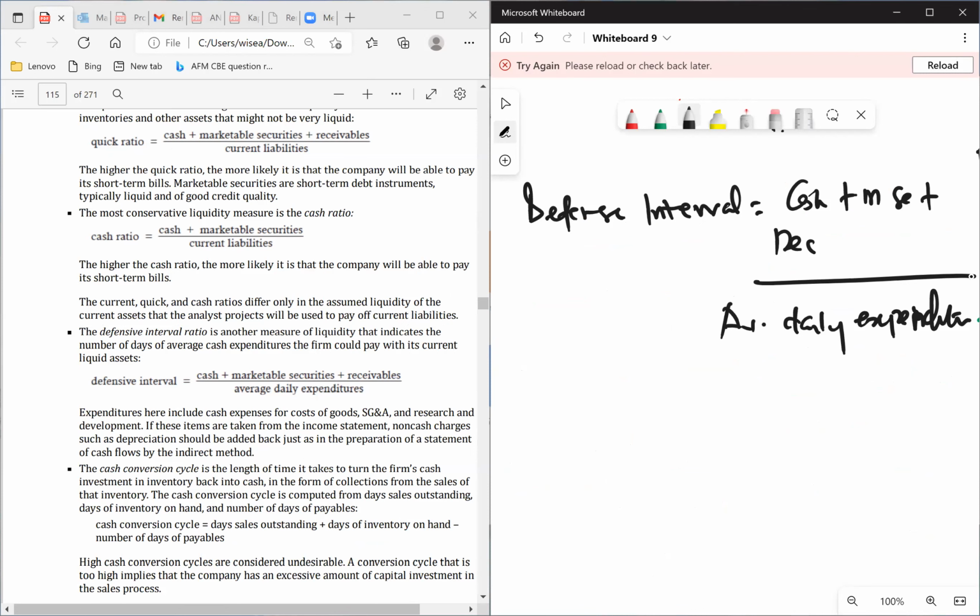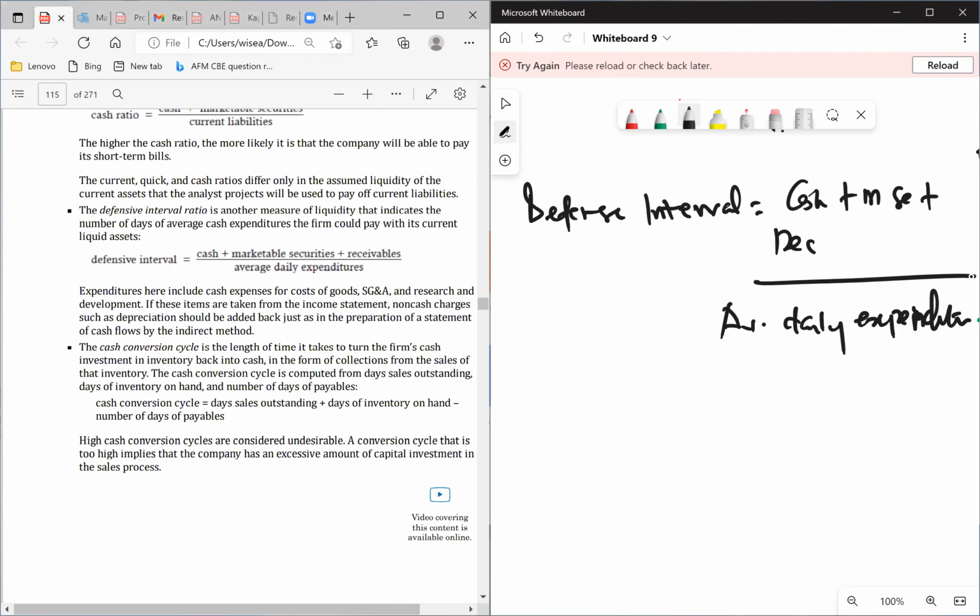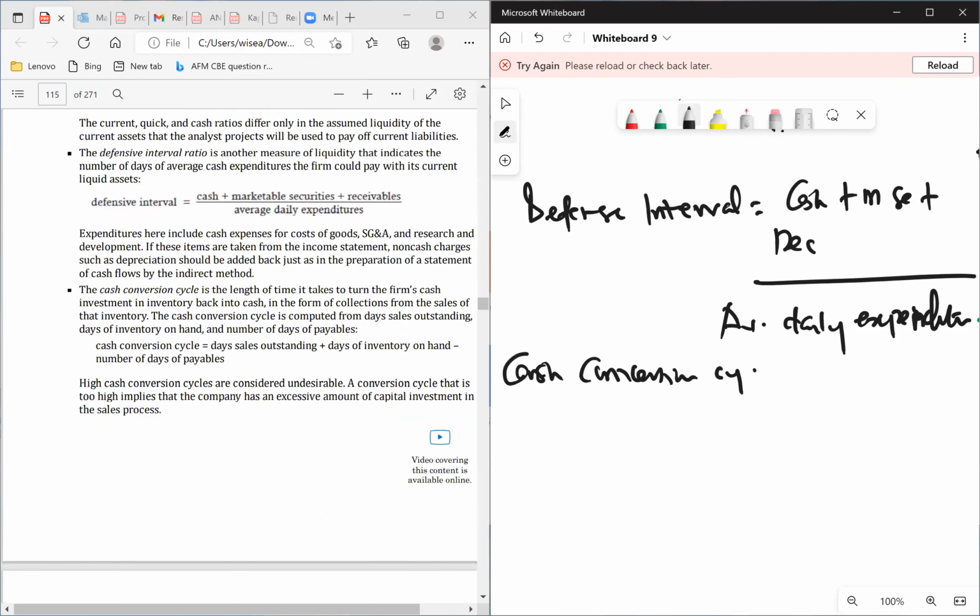Then cash conversion cycle. This will be in days. So inventory days plus receivable days minus payable days.